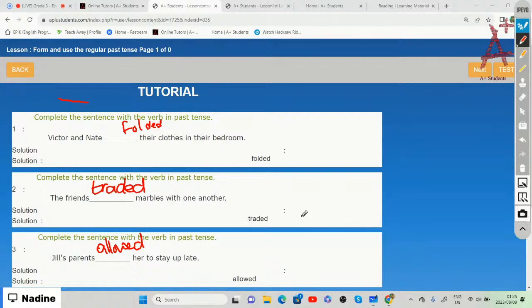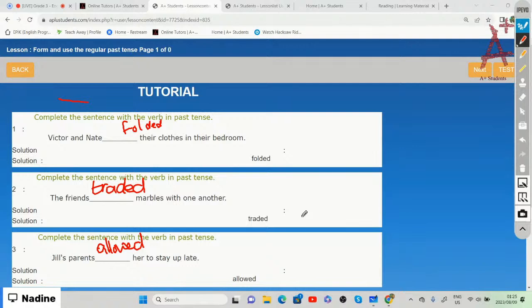So these are but a few words where we form and use regular past tense. With regular past tense, our verb or action word ends in ed. Folded being the first one: Victor and Nate folded their clothes in their bedroom.